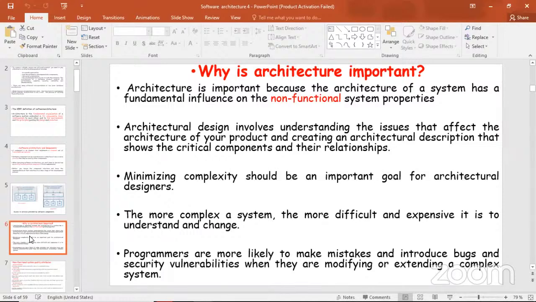So designing a software architecture requires that you put yourself in the user's position. You look at other things that can affect that user and put them as part of your architectural design.